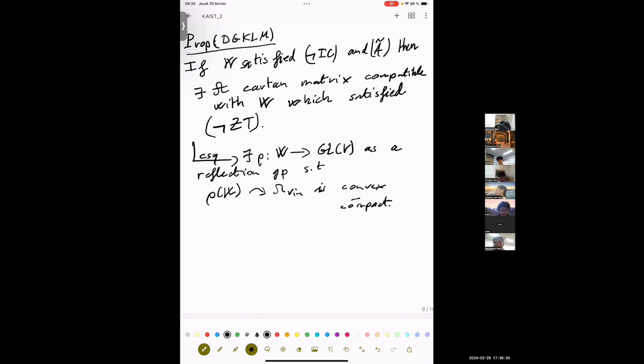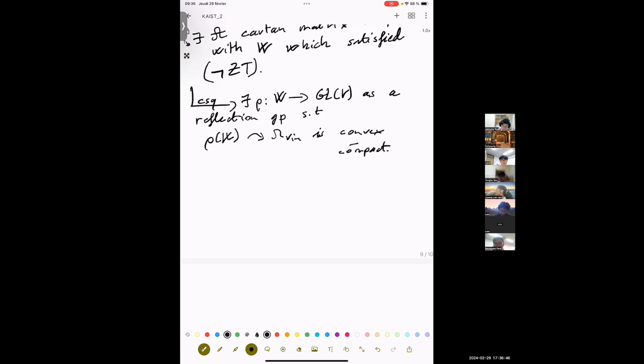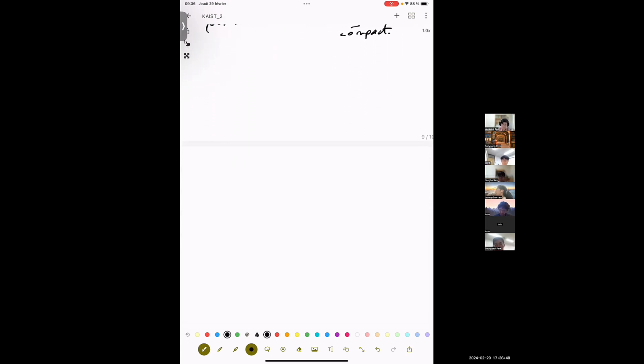And if the Coxeter group satisfies no AC and A tilde, then there exists an A. But some Coxeter groups have convex cocompact representations and also some representations that are not convex cocompact.